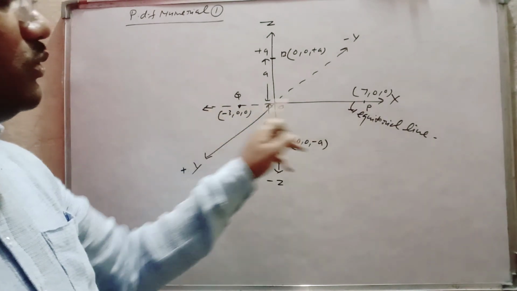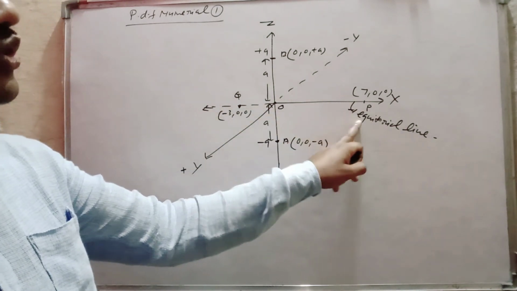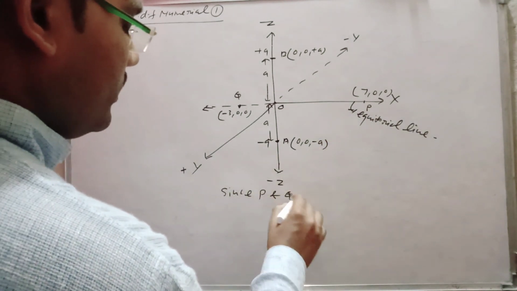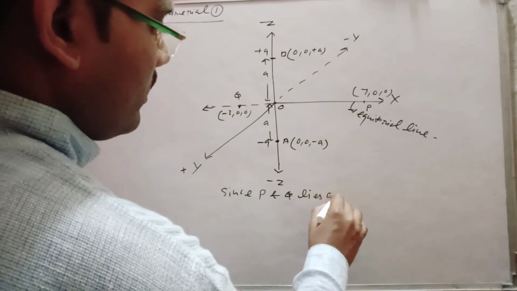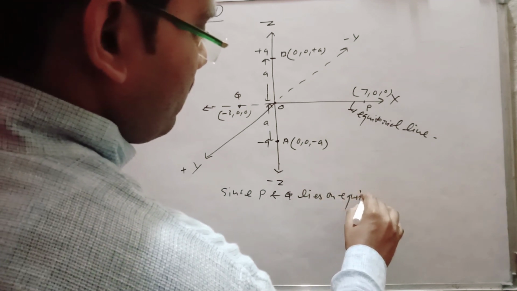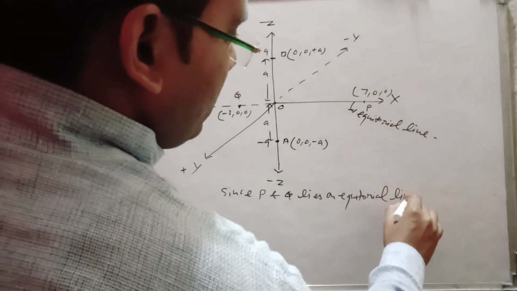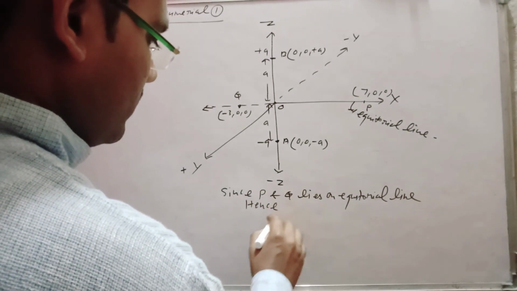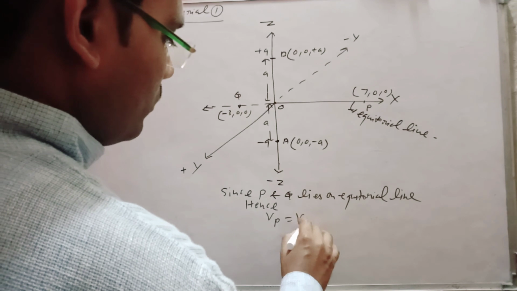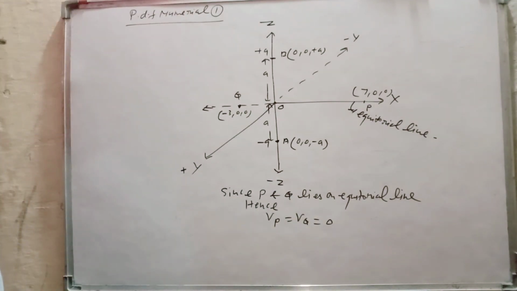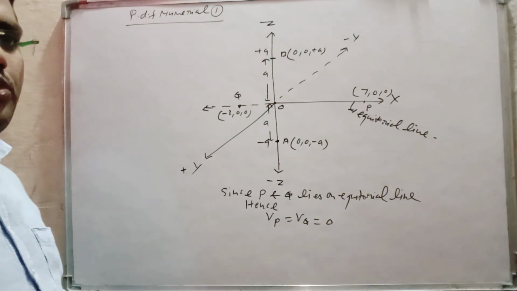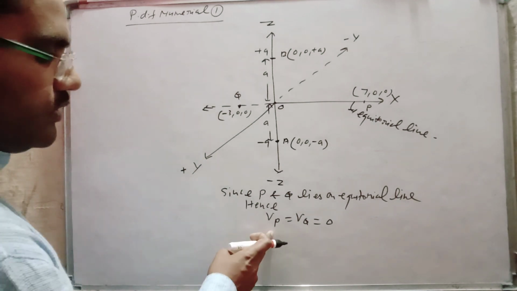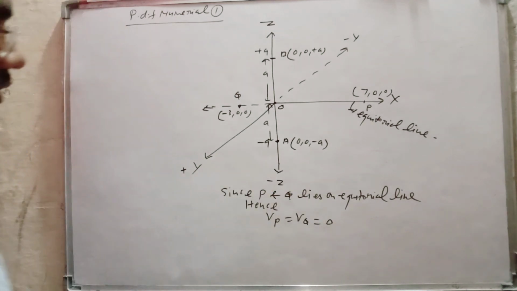Since P and Q lie on the equatorial line, hence Vp is equal to Vq is equal to 0, because electric potential at an equatorial point is 0.